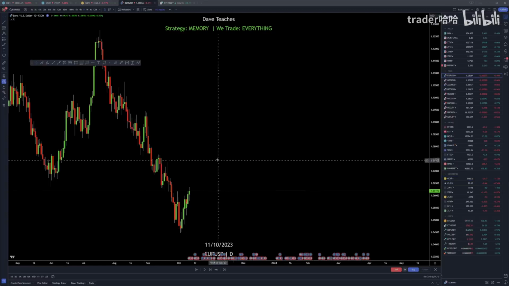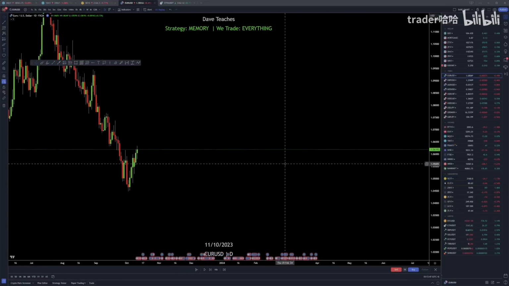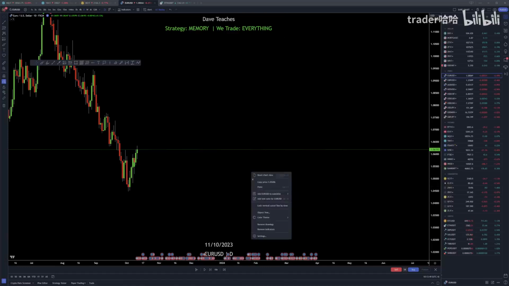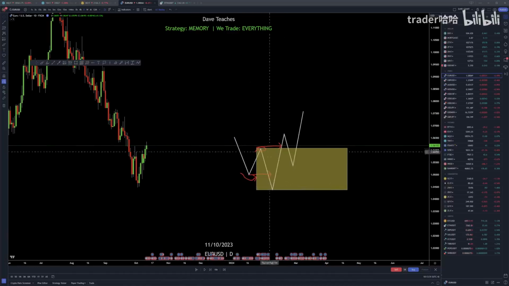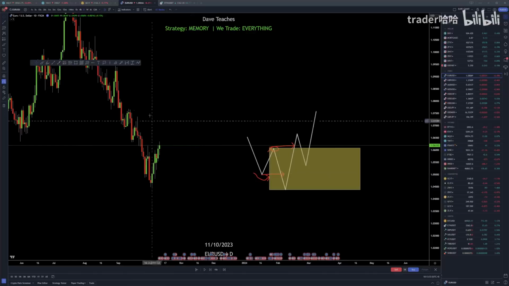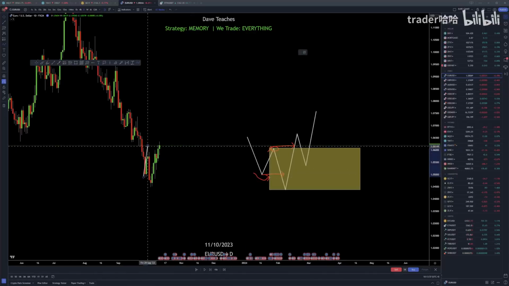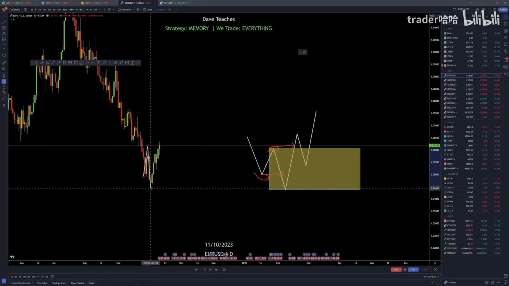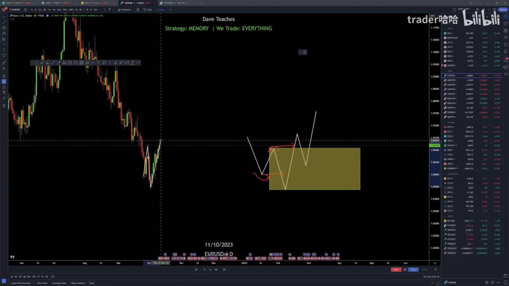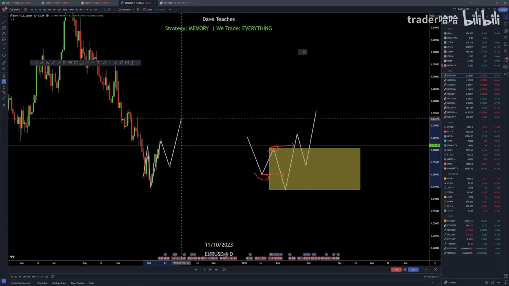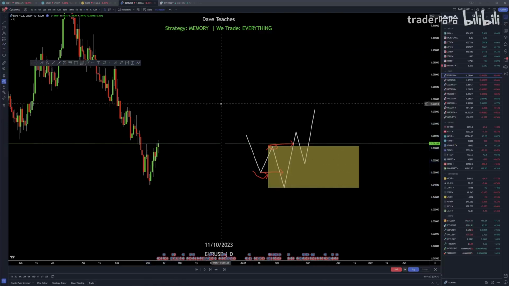So let's go over to Euro USD. This is our same template we're using, right? So we have this low, we have this high, we put in another low, right? We trade up above it, and we anticipate price tapping in and taking us higher, right? Just like all the other pairs that we use.